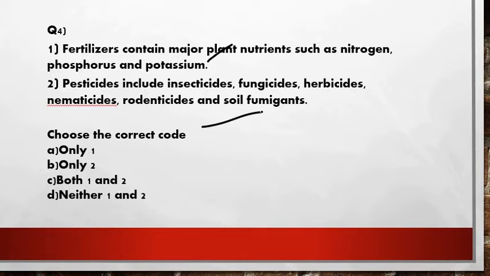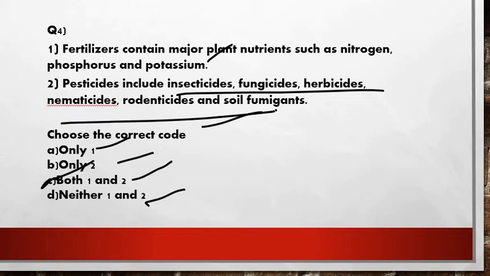Choose the correct code from the below options: only 1, only 2, both 1 and 2, neither 1 nor 2. So our answer will be C here. Why? Because pesticides include all of the following, which is most important for removing the weeds and the unwanted growth of insects from the farmland. For this reason these are all used in the process.